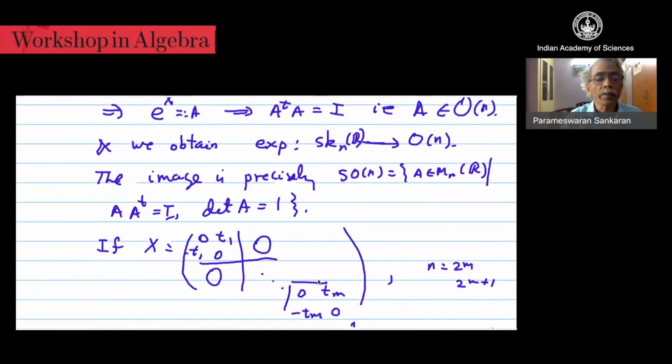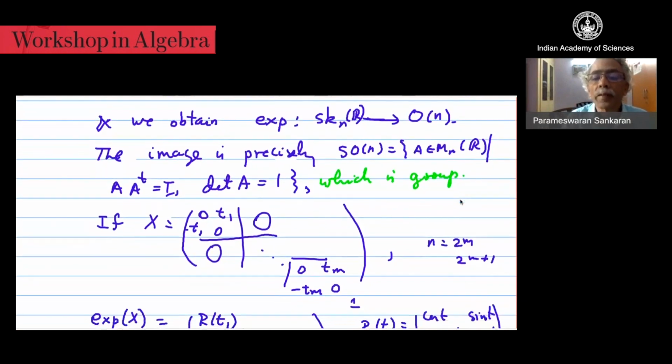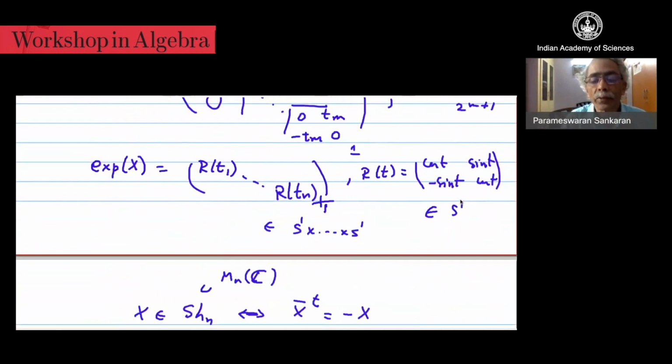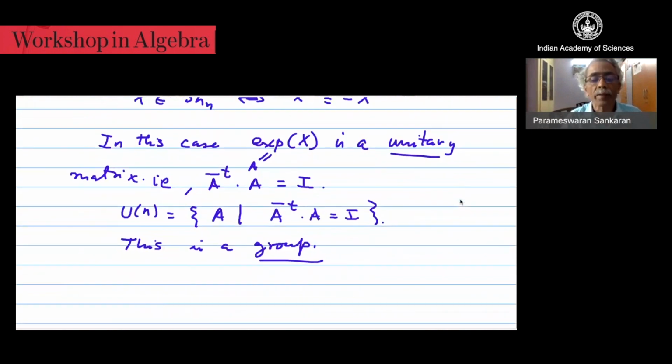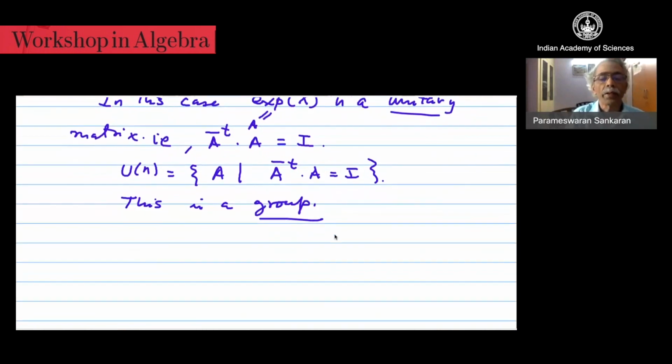They are precisely this, which is a group. So you see, you took certain subspaces, the image turned out to be a group. So here let me again emphasize that this is a group, okay? Everybody knows the space of unitary matrices forms a group. You can just directly verify that. It's a very simple verification. I don't want to do that.